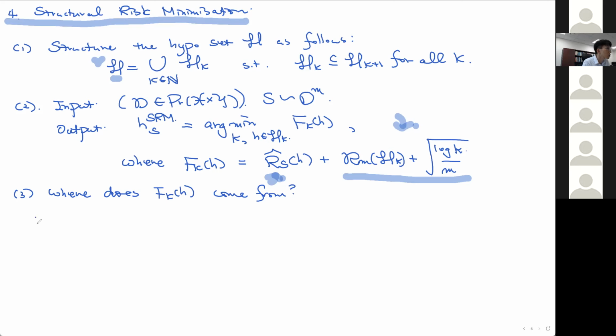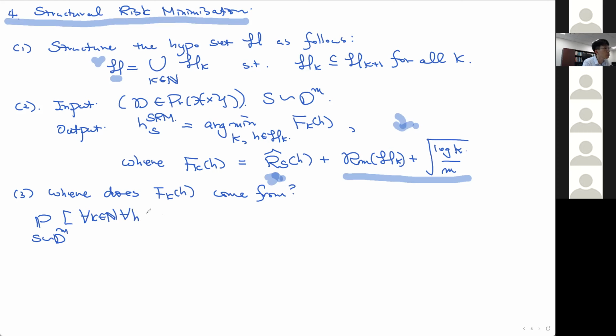So we have uniform generalization bounds for all K. So we are not talking about one hypothesis set, in other words, one model. Instead, we are talking about many models at the same time.